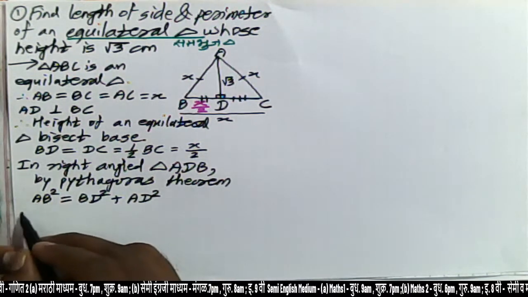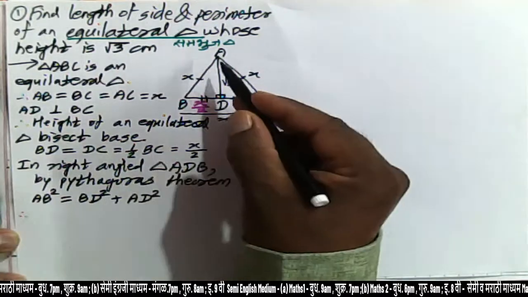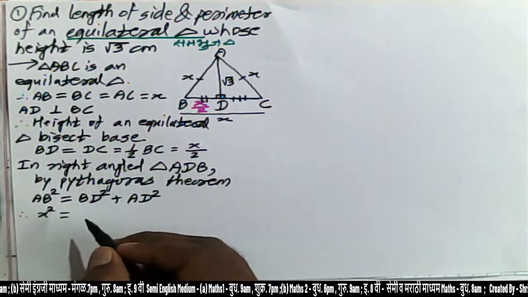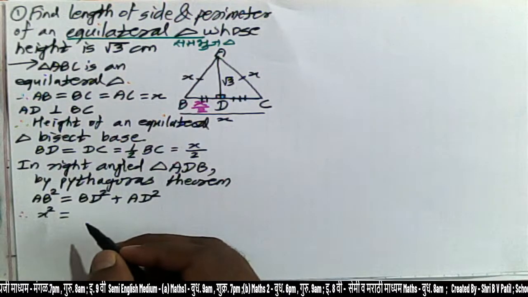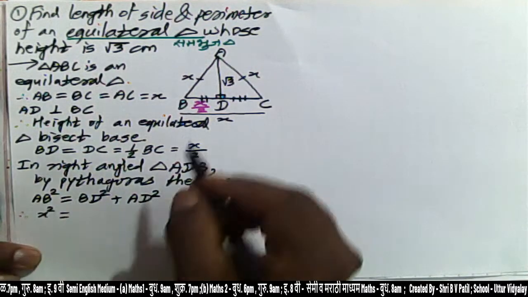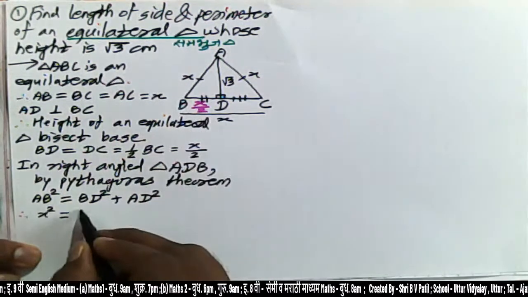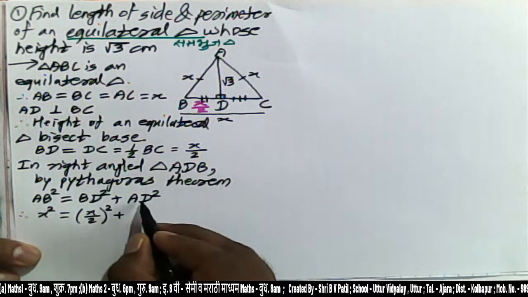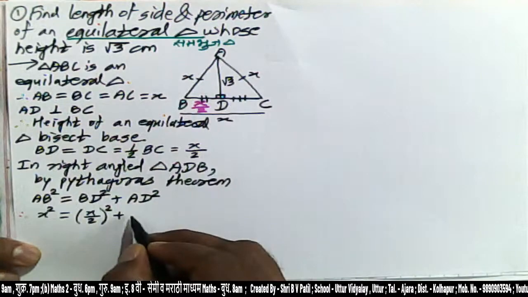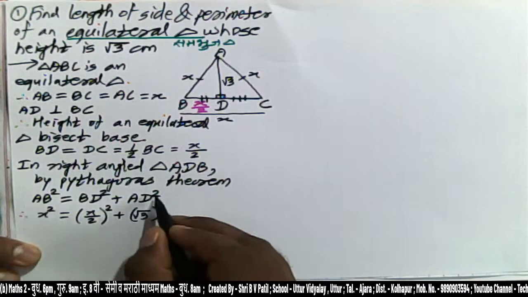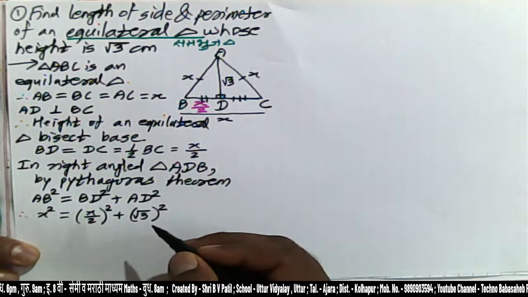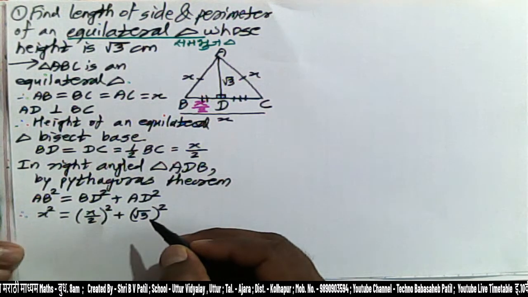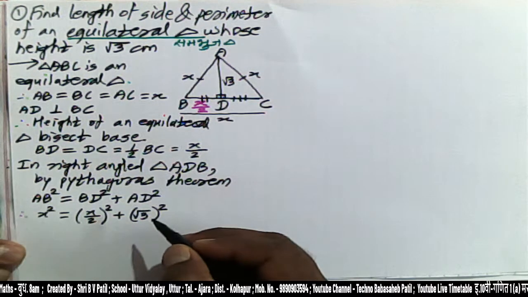Therefore, value of AB is x, that is x square, is equal to value of BD is x upon 2 in bracket square plus value of AD is root 3 and its square. Yes, good answer given.